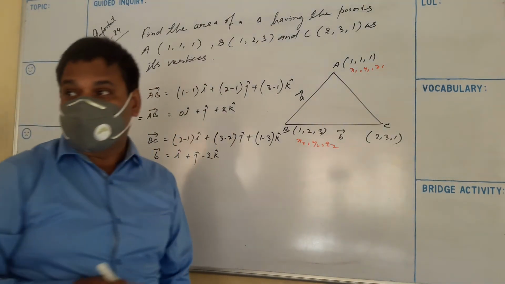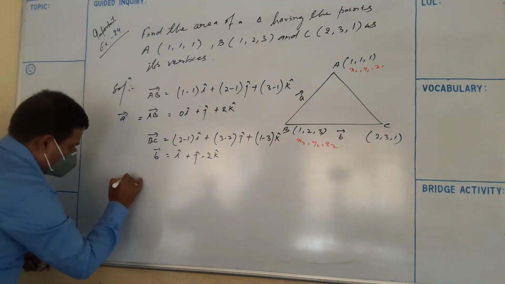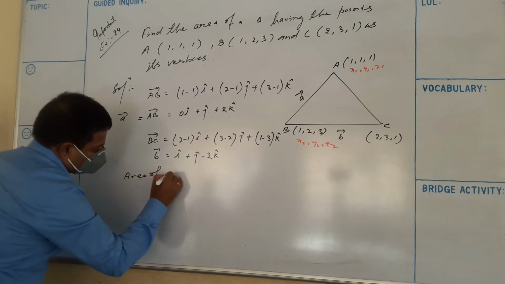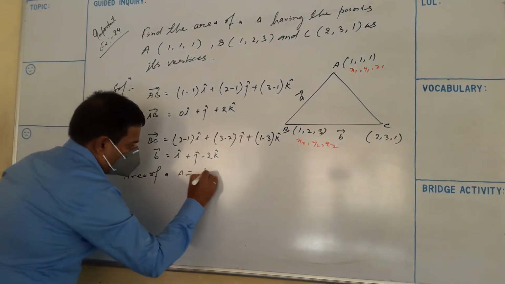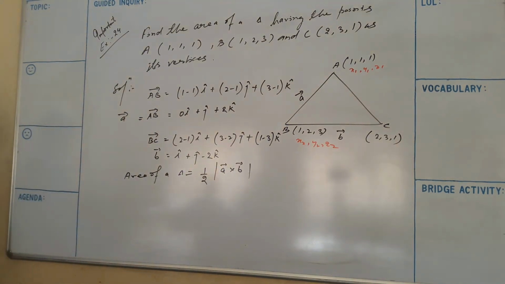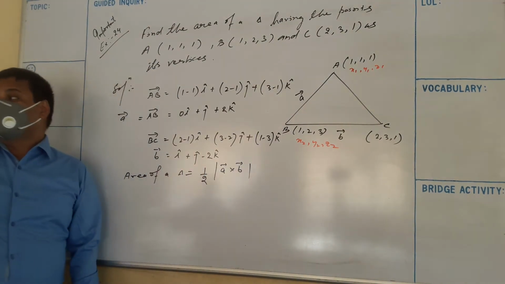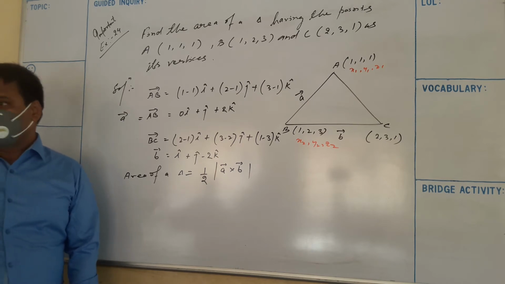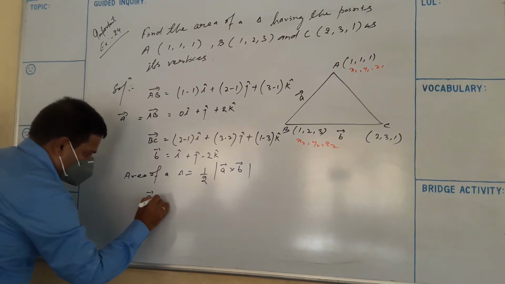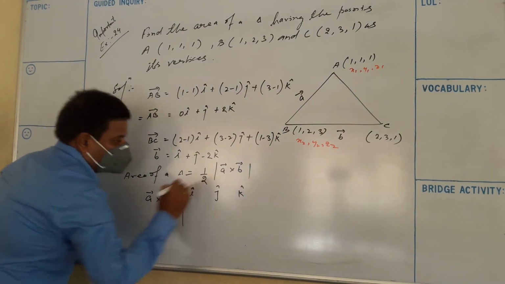What is the area of a triangle? Half into the mod of vector A cross vector B. The formula is 1 by 2 mod of vector A cross vector B. So before taking the mod, you have to find vector A cross vector B, using i, j, k.